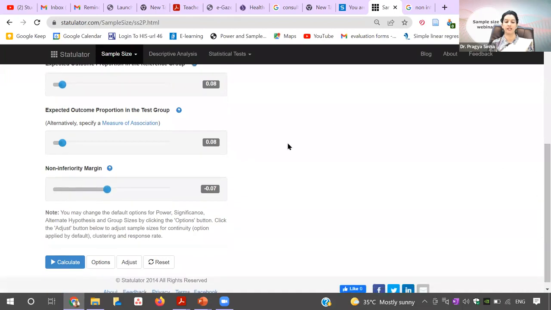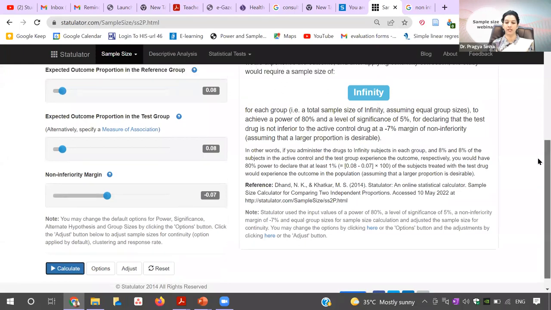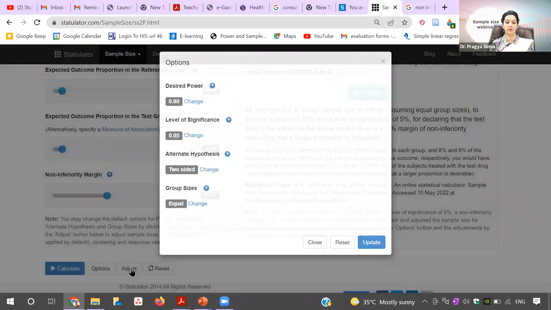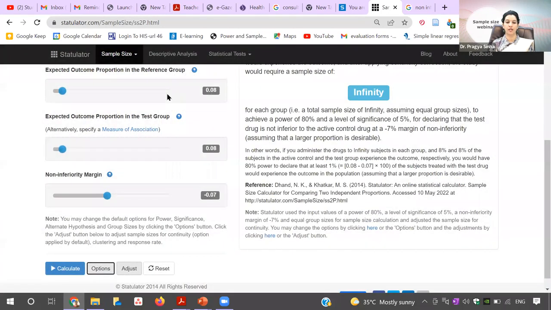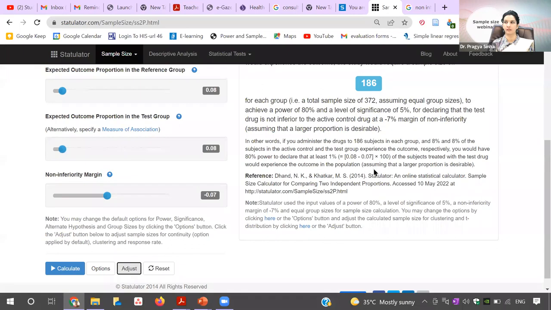But if you click this, you will see that the sample size will not come. It will come to infinity. So there is a problem with the Statulator. In the options, in the adjustment, you have to go and uncheck this continuity correction. And then update it.